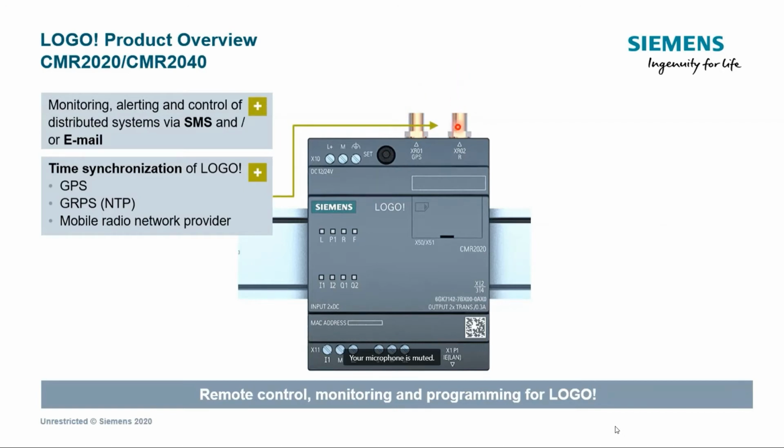This one allows you to connect to the mobile network, like Du or Etisalat, for example, in the UAE. And this allows you to connect to GPS satellites, either for time synchronization or, as we will see, for location tracking to get the coordinates.